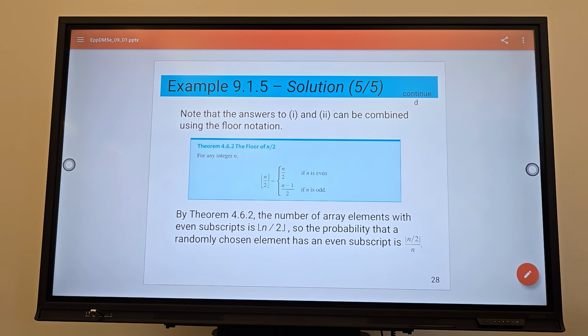From back in Chapter 4, by Theorem 4.6.2, the number of array elements with even subscripts is the floor of n/2. So the probability that a randomly chosen element has an even subscript is the floor of n/2 over n.